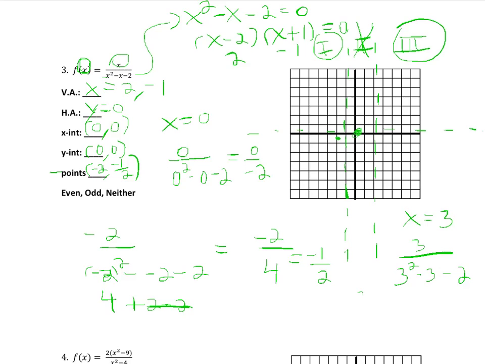So this is going to be 3 over 9 minus 3 minus 2, 6 minus 2. This is going to give me 3/4. 9 minus 3 is 6, 6 minus 2 is 4, right. So this point here is (3, 3/4).